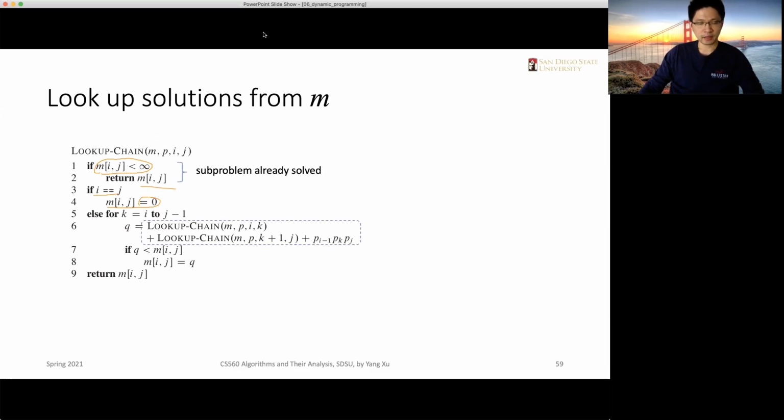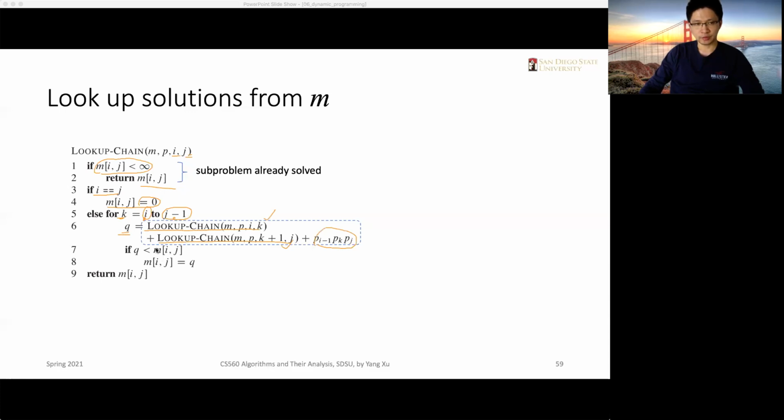For the other cases, if we want to solve the subproblem defined by I and J, we need to look at that many possible ways to place the cuts. So K will go from I to J minus 1. Q would be the summation of these three parts: the left half, the right half, and the additional cost.